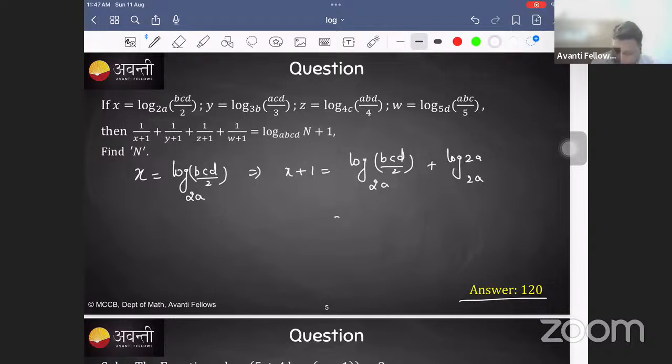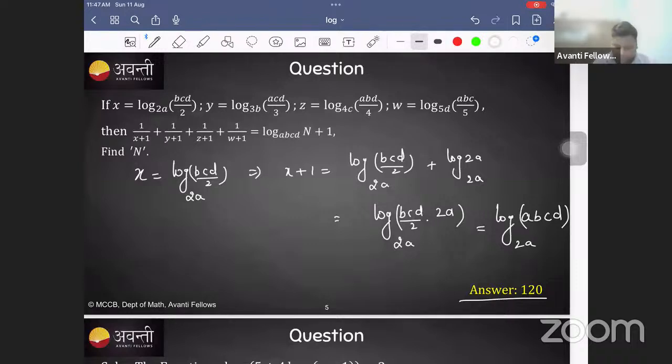Now if I merge both of them, I am going to get BCD by 2 into 2A, and base is also 2A. So it is log ABCD base 2A.